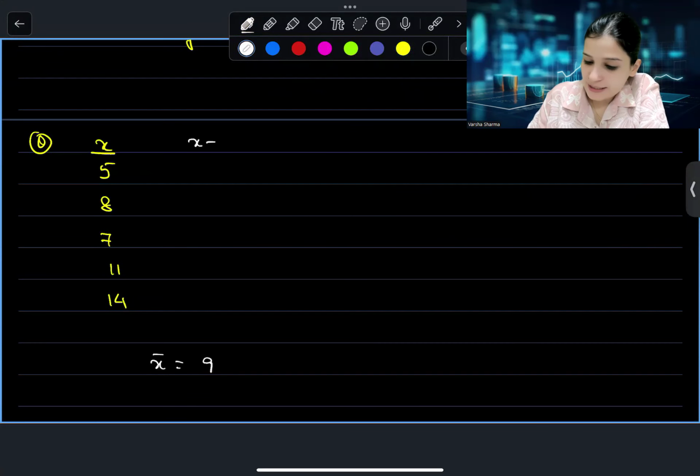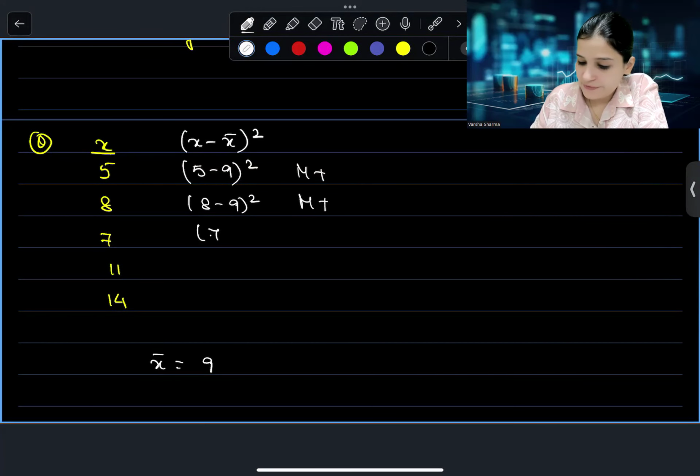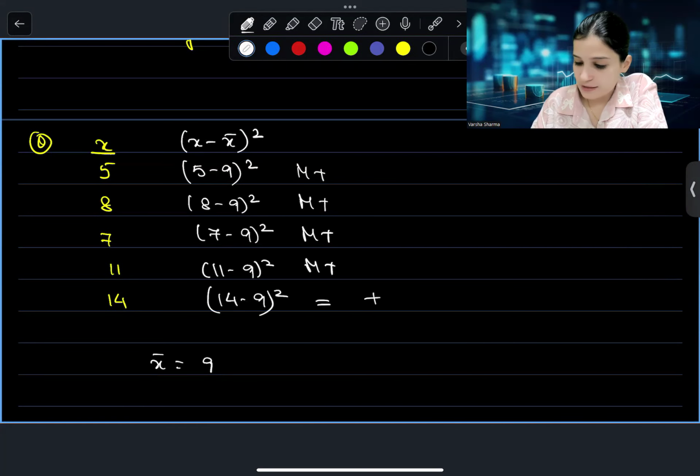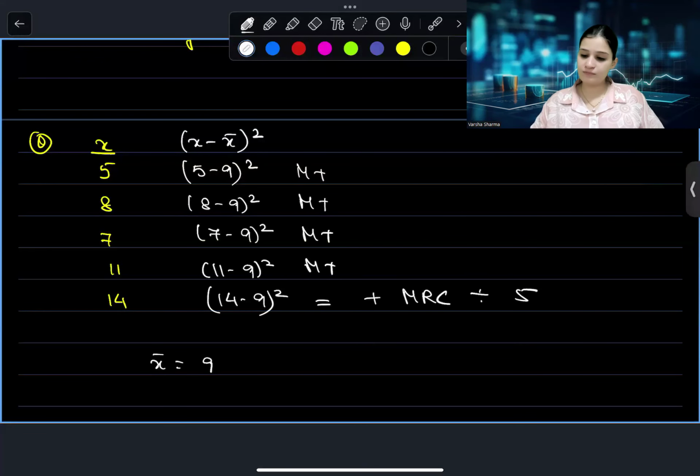Now we want x minus x bar deviation square. So 5 minus 9 square. Square is multiplied by itself. 8 minus 9 square. Keep on pressing M plus. 7 minus 9 square, M plus. 11 minus 9 square, M plus. 14 minus 9 square, equal, plus MRC, divided by the number of observations, n.